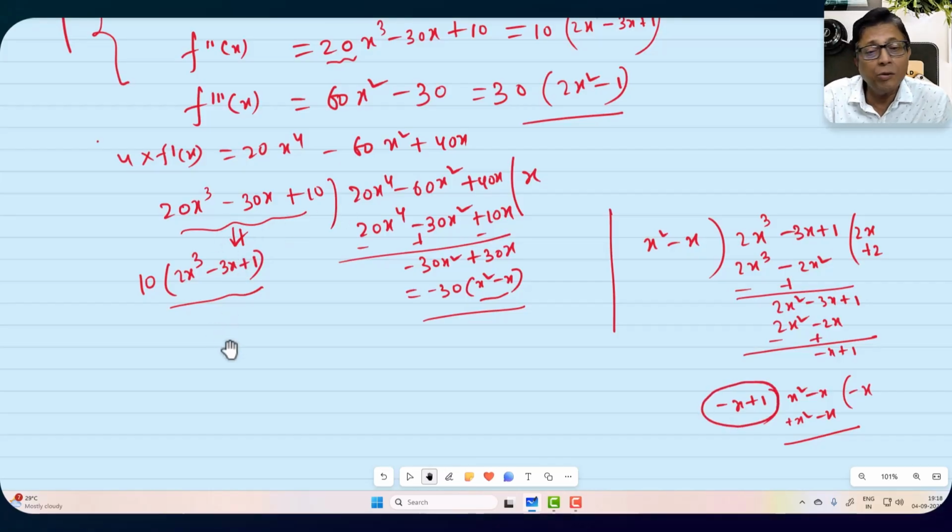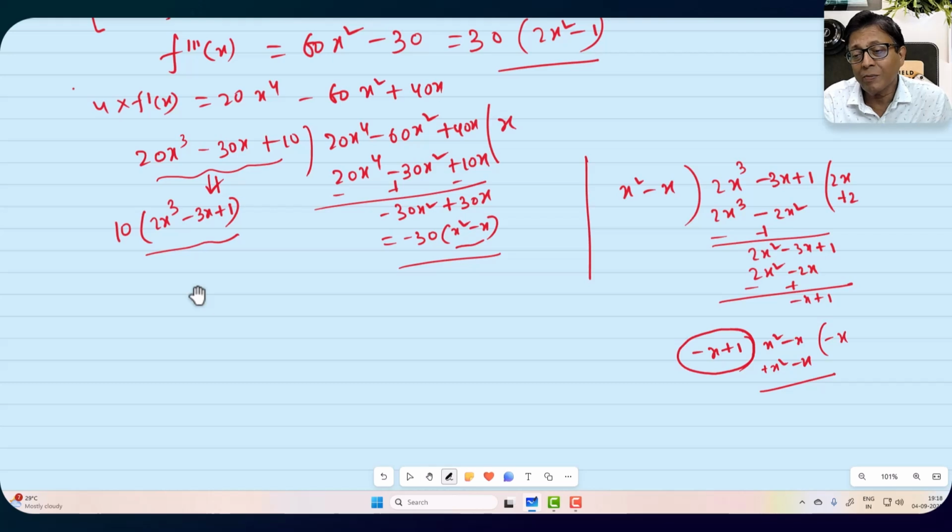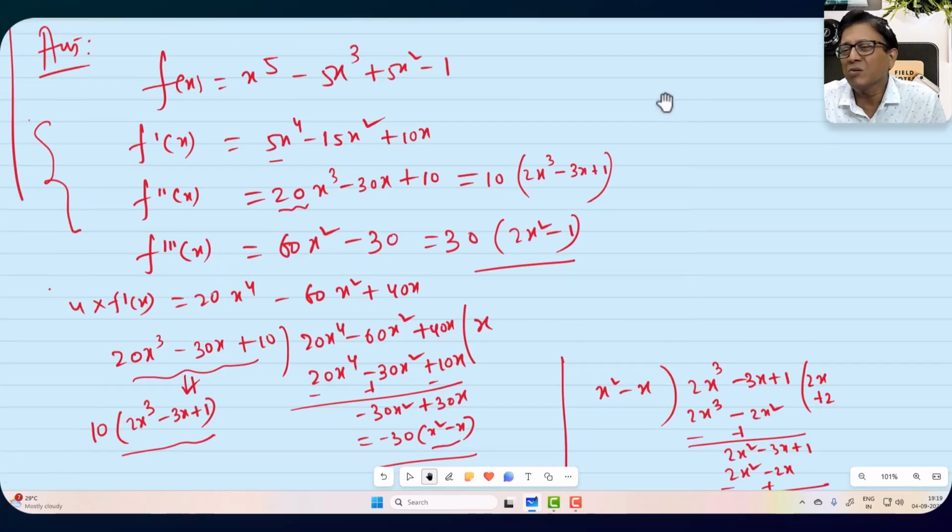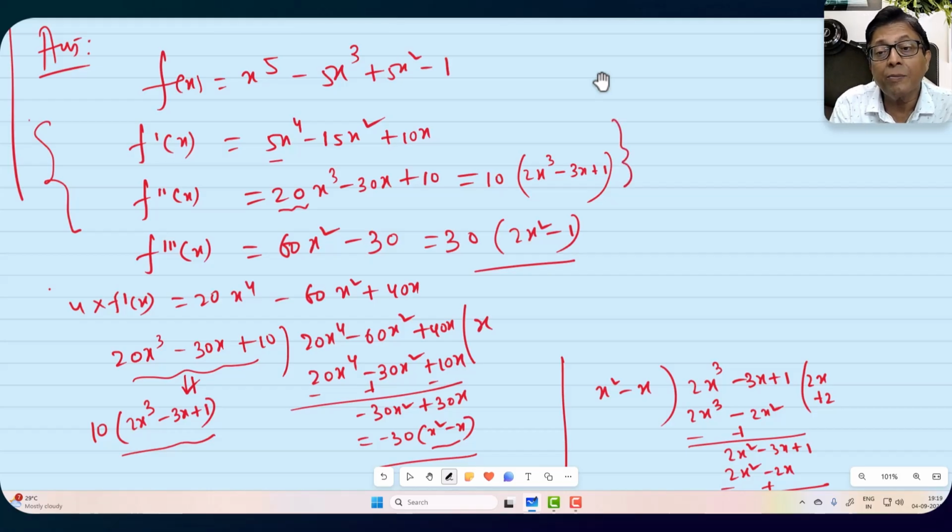That is HCF between which two? Minus of x plus 1 means x minus 1. Okay, x minus 1 or minus x plus 1, whatever you say. These two have a multiple root. X minus 1 is a factor of this. So x minus 1 occurs how many times? Occurs once.